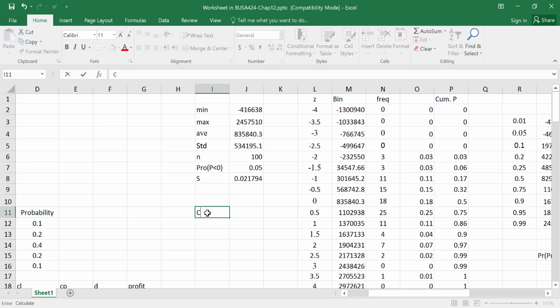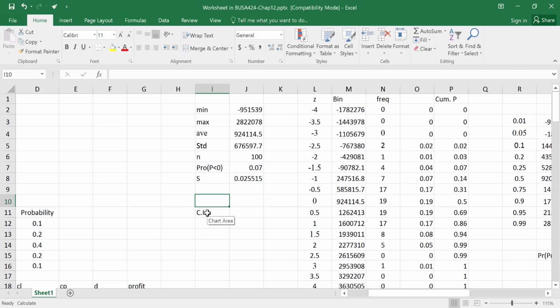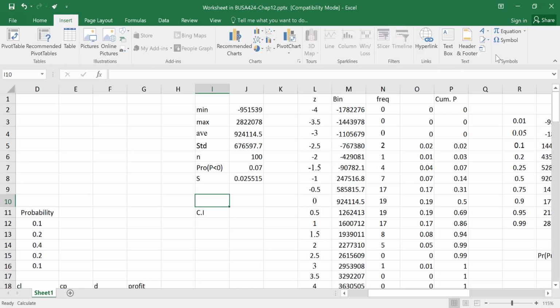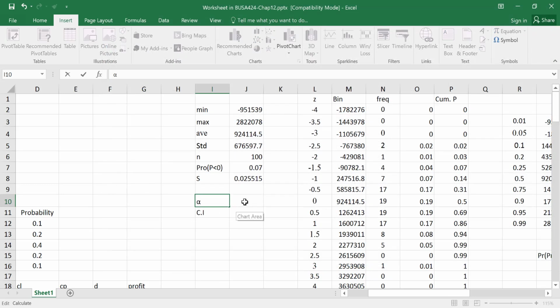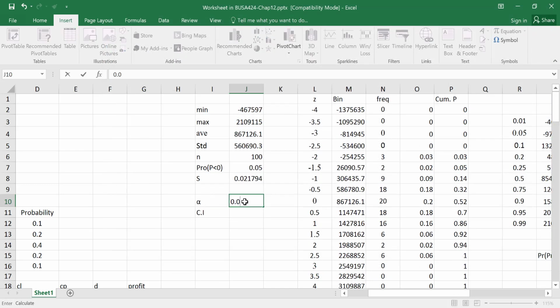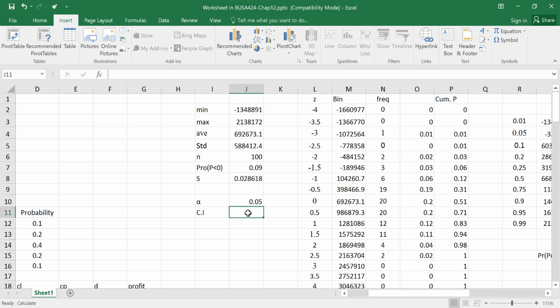So this is the confidence interval, and let's say alpha is equal to 0.05. Alpha is always given, so we assume alpha is 0.05.